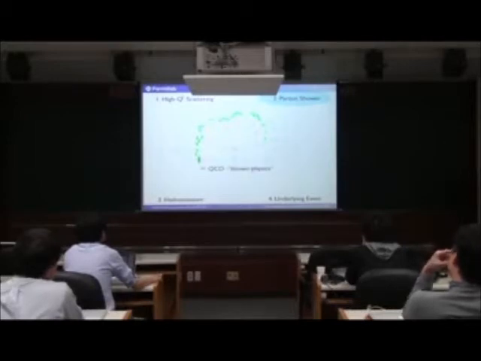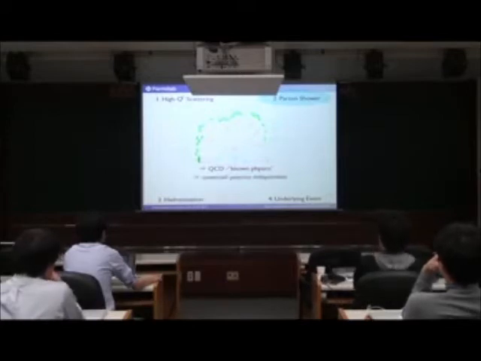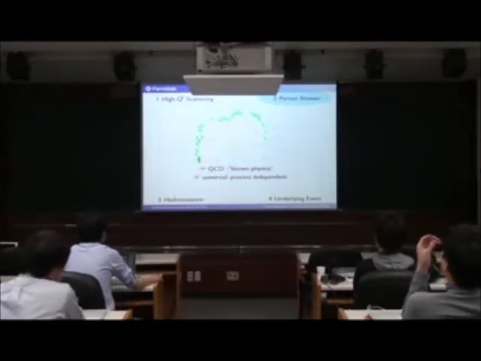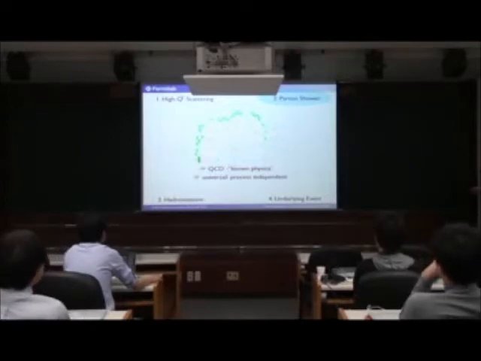So this is all QCD, so it's all known physics, no new physics here. It's universal and process independent. So this is a very good point, that the whole process dependence is in the central part, the high Q-squared scattering.